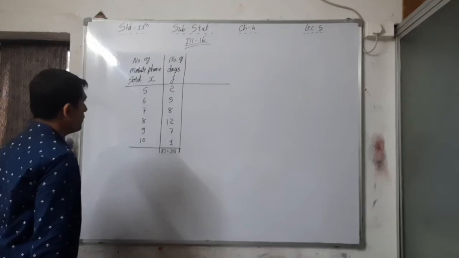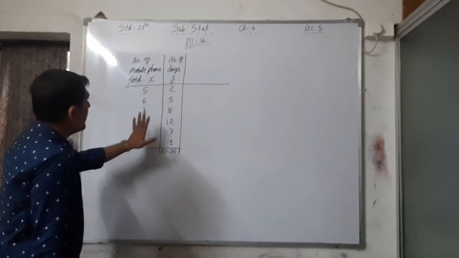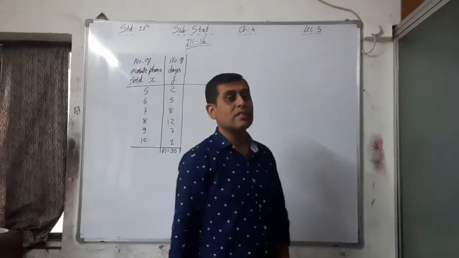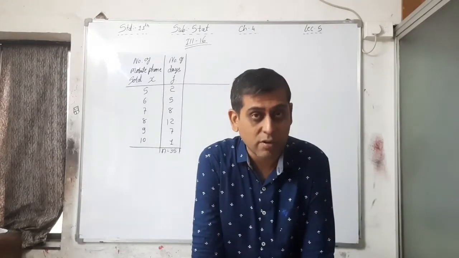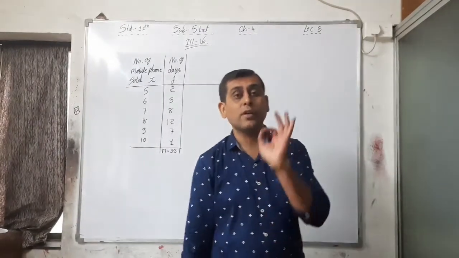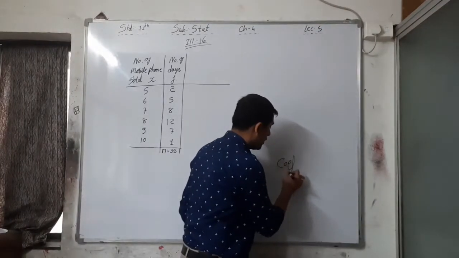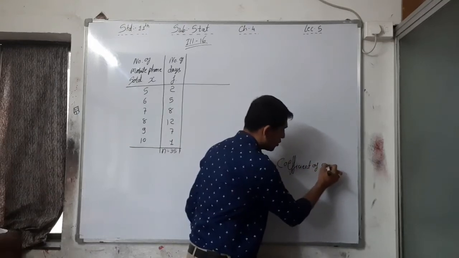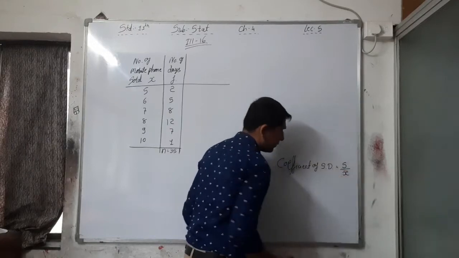Okay, now see that here x and f is given. You have to find out the coefficient of standard deviation. See, you don't have to find out the standard deviation only. The direct question is to find out the coefficient of standard deviation, and the formula for that is s upon x bar.